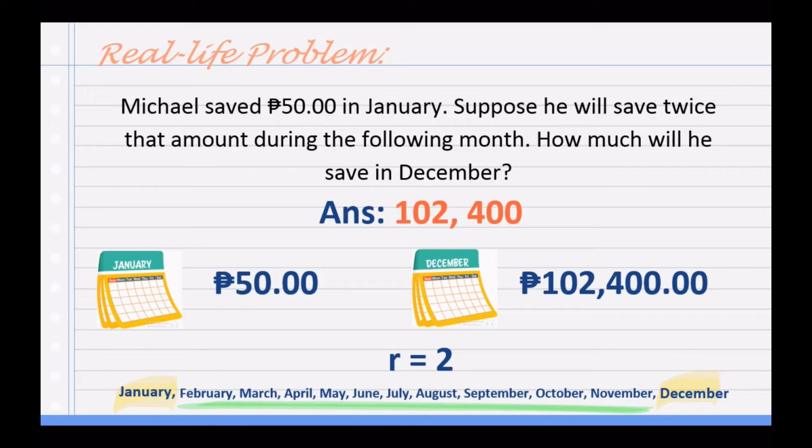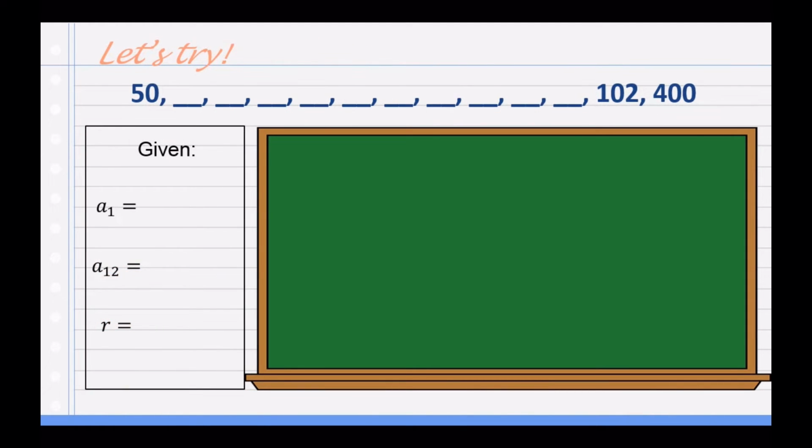So to illustrate this, let's take a look at this. So we let our second term or second month as a sub 2, and our third term or third month as a sub 3, and our fourth term or fourth month as a sub 4, and so on and so forth.